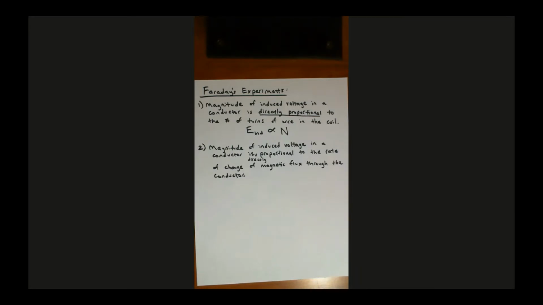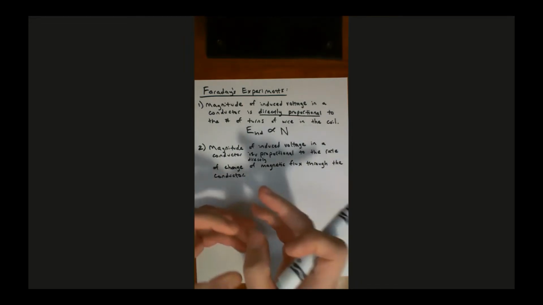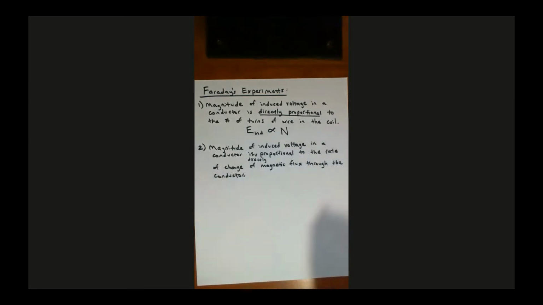And we saw in the experiment that if you have a changing magnetic flux through the conductor, that's when you're going to induce a voltage. Specifically, if you have a larger rate of change, that means moving them relative to each other faster, then I'm going to induce a larger voltage in the conductor.